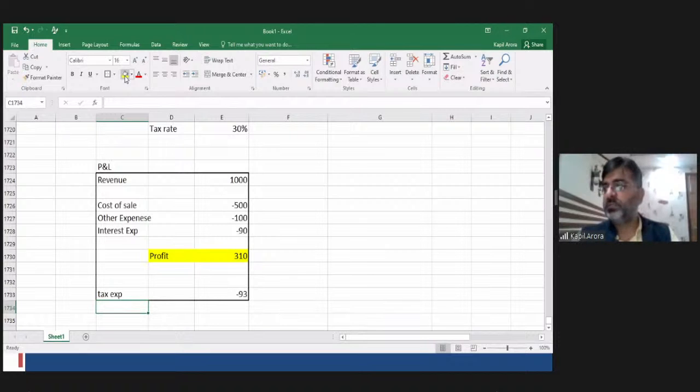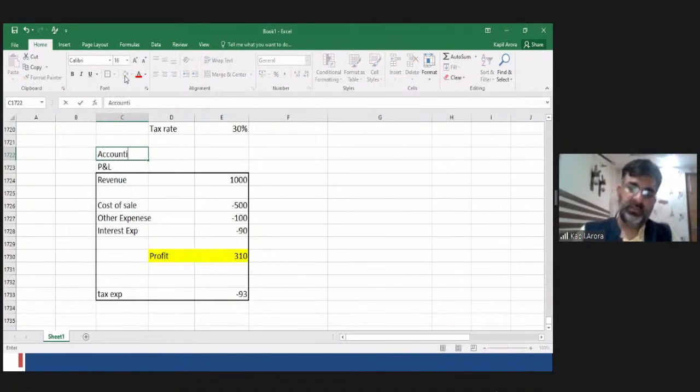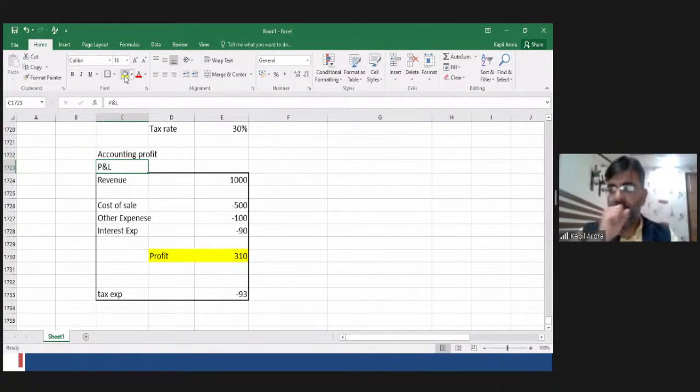This is clear to all. But the profit and loss account which we have prepared is the accounting profit. This is the accounting book which I am preparing to calculate the profit.